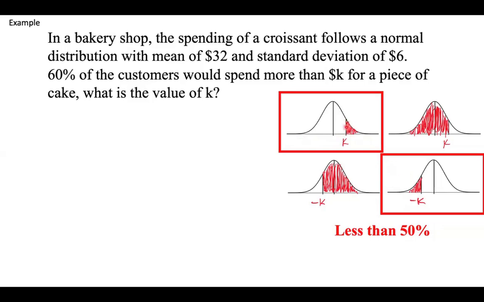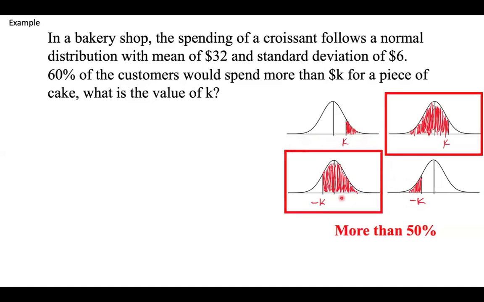So we have 2 scenarios. In contrast, we have more than 50. Once again, the whole area is 100, half is 50. So if we have a little bit more than a half, then we have more than 50%. And there are 2 scenarios: one is that we have a positive K, and one is that we have a negative K.